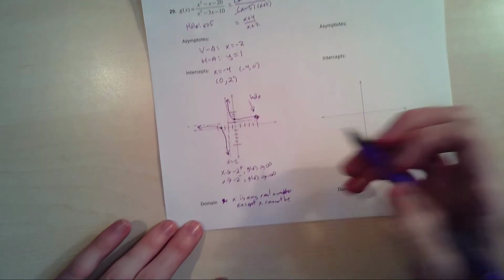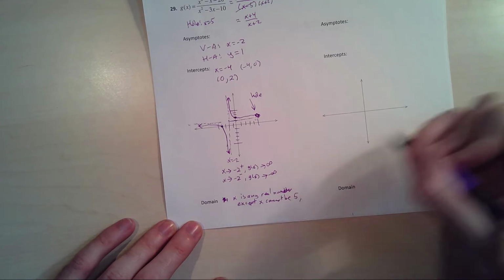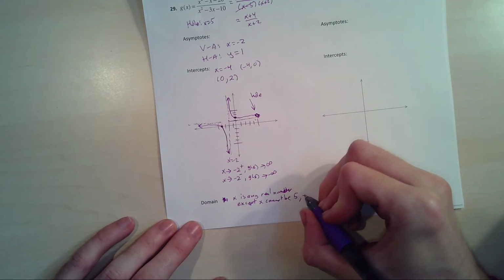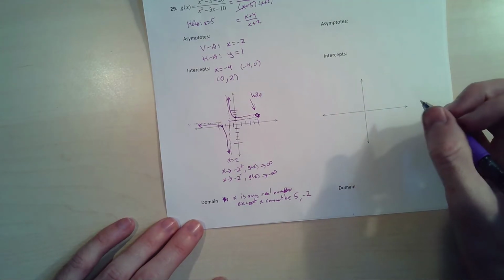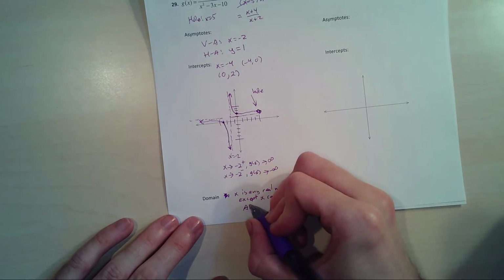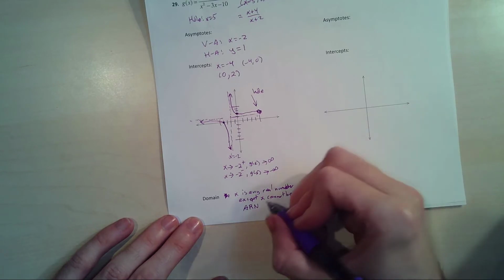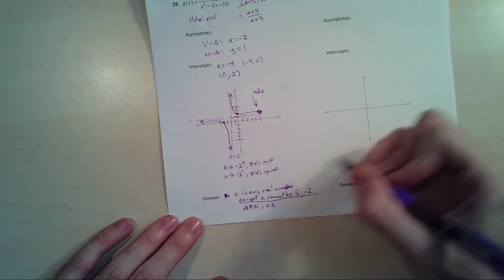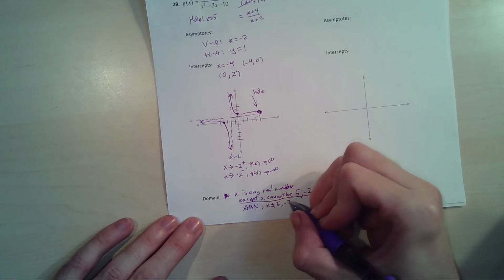Well, it can't be a hole, so x cannot be 5, and x cannot be... where's the vertical asymptote? -2. You can't divide by 0. So maybe a better way of writing this would be, I like writing ARN, that stands for all real numbers, comma, x is not equal to 5 or -2.